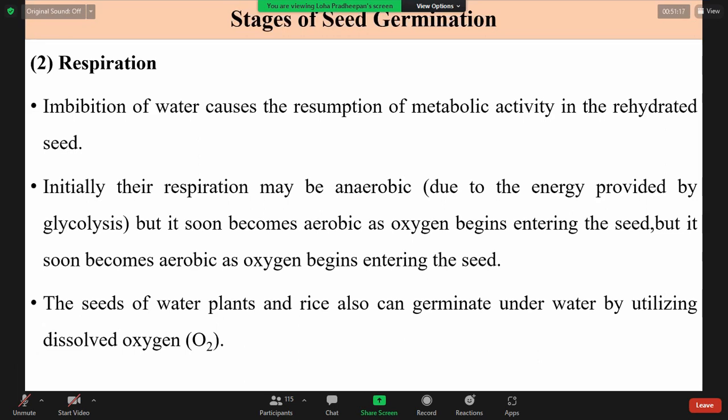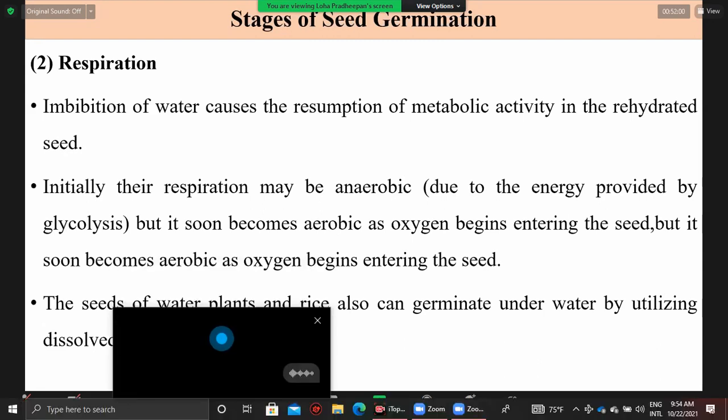So after the imbibition of water, some metabolic activity is happening in the seed. So initially it is anaerobic, then only it is becoming aerobic, and if oxygen is available to the seed, it is becoming aerobic to promote the germination.